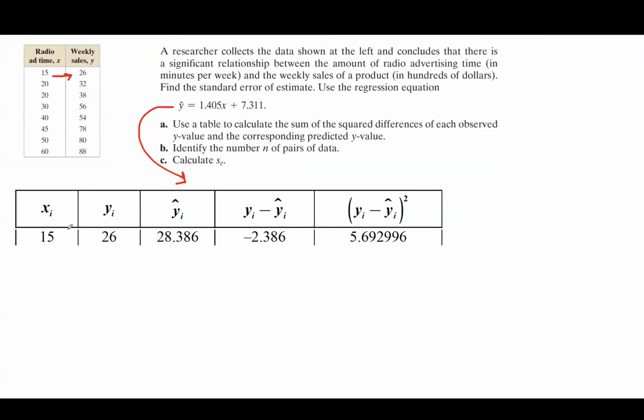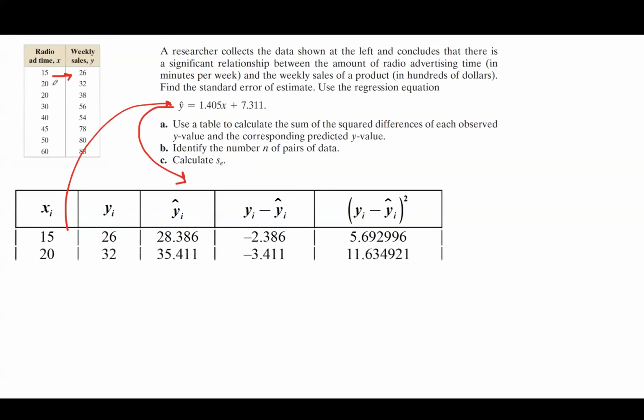If you plug 15 into the regression equation, the predicted y value becomes 28.386. The difference between the actual and predicted y value is negative 2.386, so this value is below the regression line. If you square it, you get the positive number 5.692996. You're going to repeat this process for every single value.